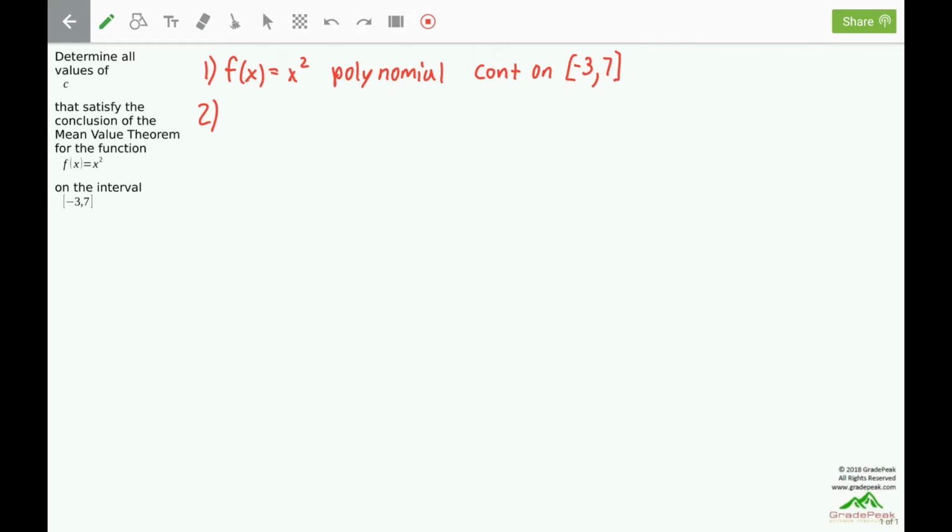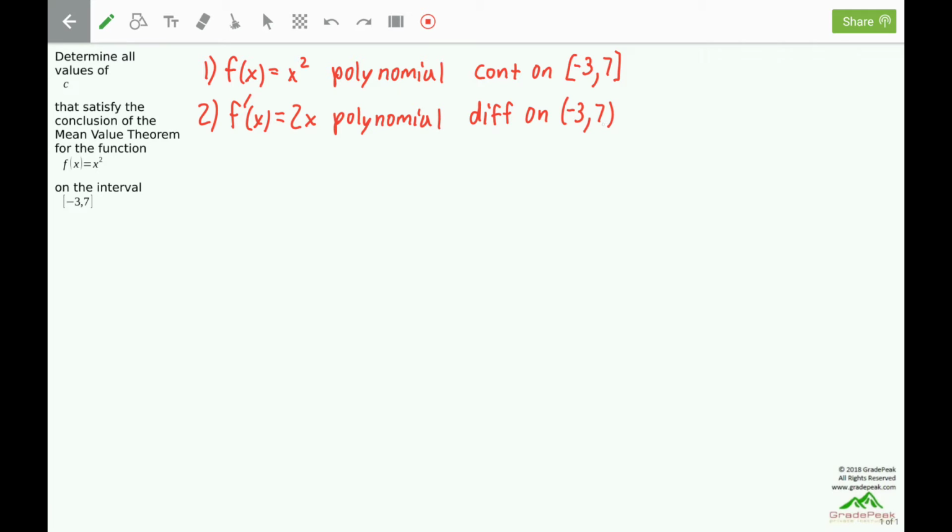The second condition: the derivative of f of x, f prime of x, by the power rule, bring down the power, subtract 1 from it, has to be continuous, it's called differentiable, on the open interval. 2x is also a polynomial, and a polynomial is continuous on any interval, and therefore this is differentiable on the open interval.